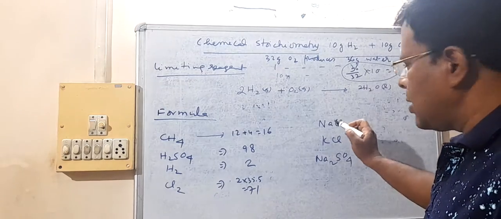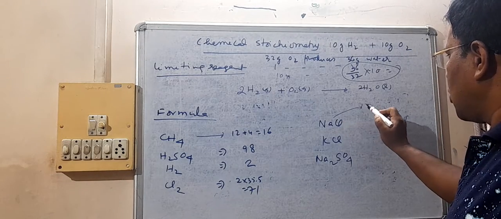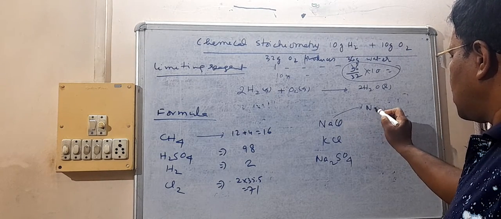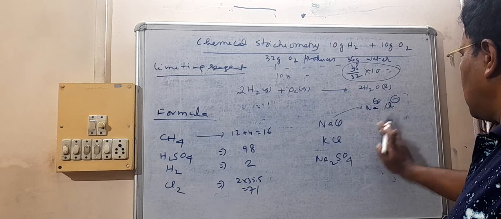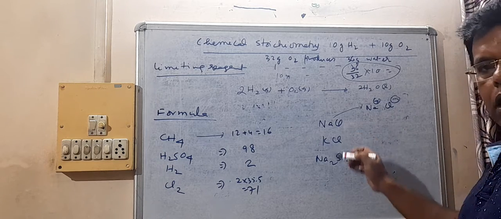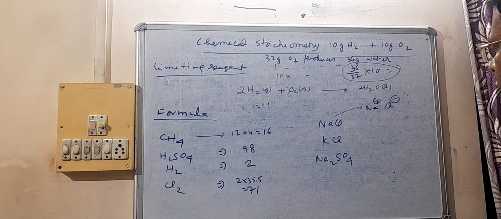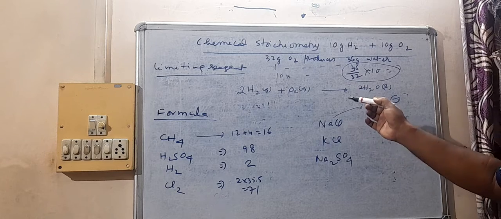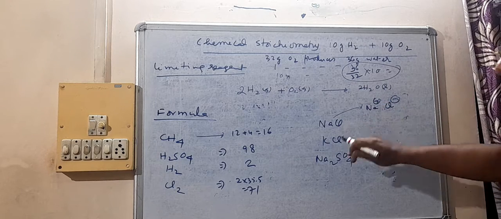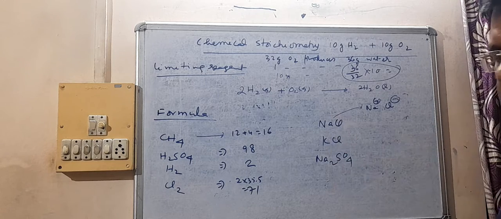They don't exist as molecules. Sodium chloride has in it a sodium ion and a chloride ion, and the same goes for all these cases. Since they do not have molecules, we should not talk about molecular mass for all these substances.